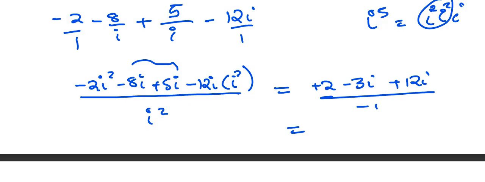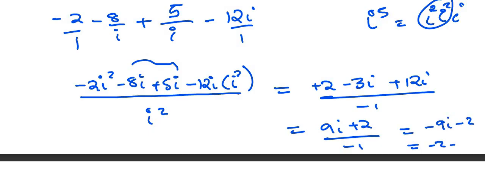On top, you have what? 12 minus 3, that's a 9i, plus 2 over negative 1. This ends up being negative this, which is negative 2 minus 9i. Is this okay? Yeah. Yeah, so that's what we have.